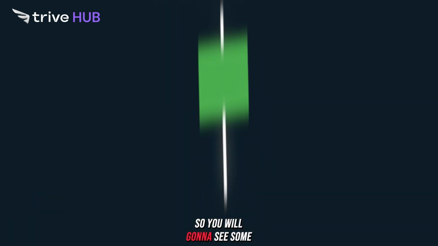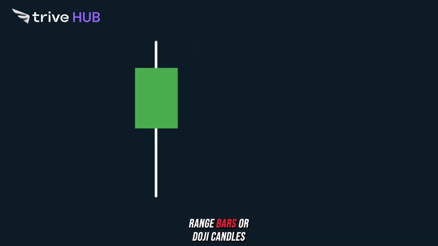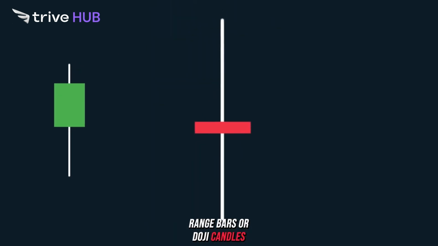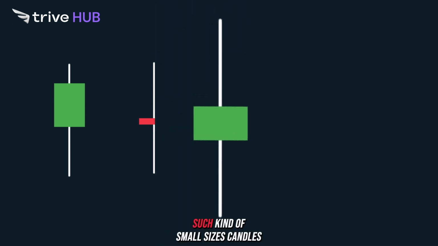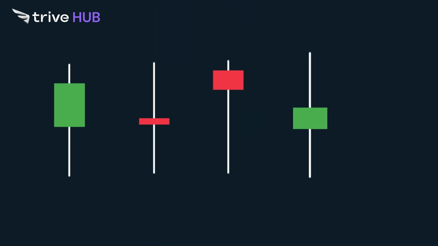You will see some range bars or doji candles or hammer candles, spinning tops, such small candles will appear, and that will be the signal for trend weakness.